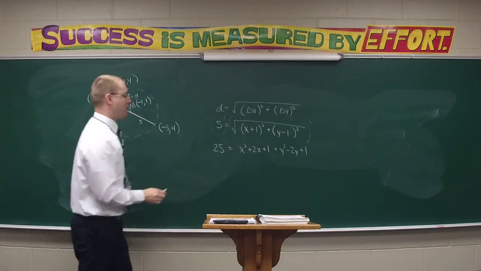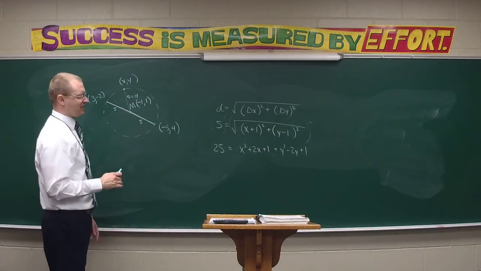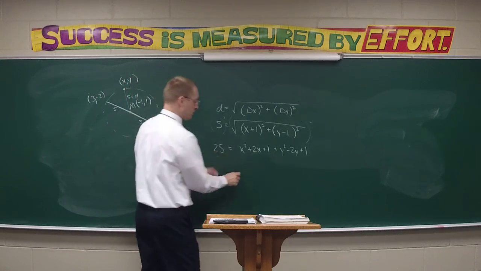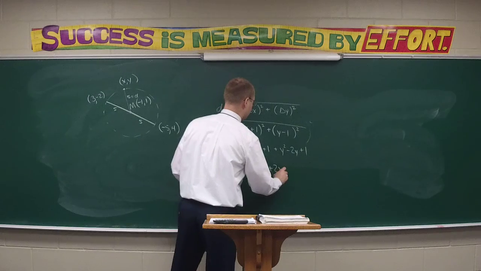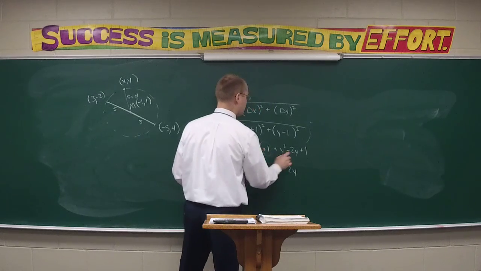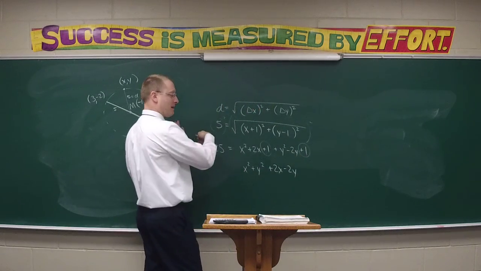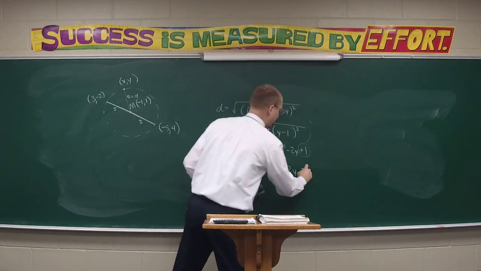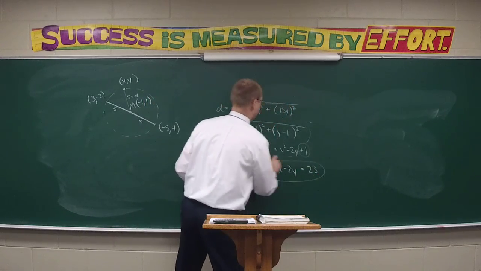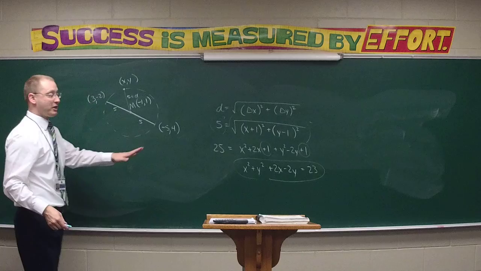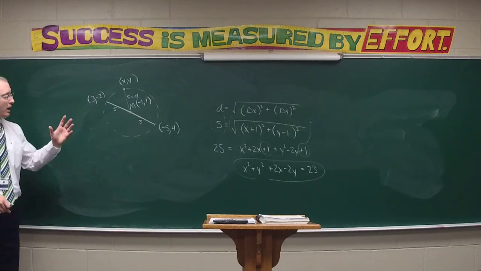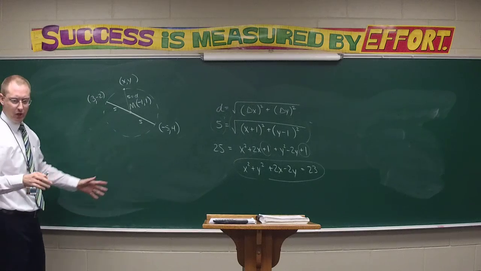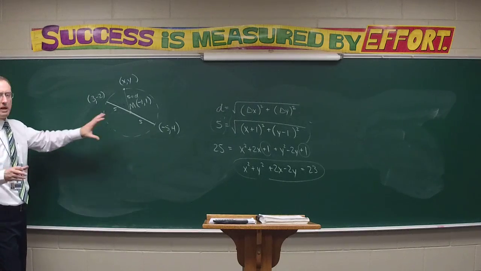There we go. And then if I wanted to simplify a little bit, we could get the squares together and put the first powers together. Then we take these two 1s and kick them out and make them negative to get a 23, or set it after and say equals 23. And that's perhaps the best way to write it, though I'm not too picky on how we write our equation at this point. Did we get something like that, Quentin? Mm-hmm. And then Jamie, you're still kind of working on it. Does it make more sense now?